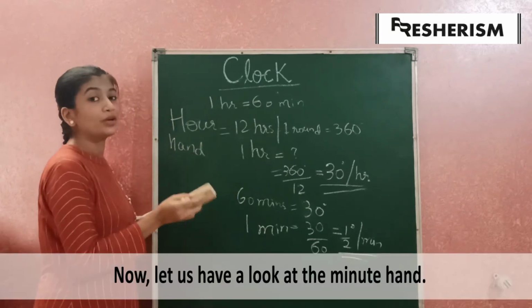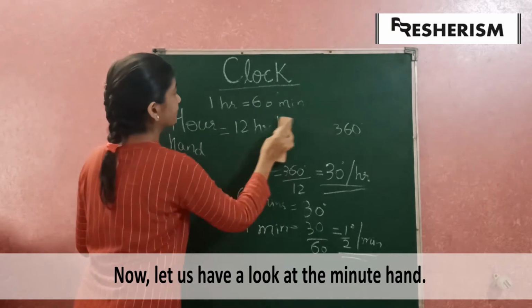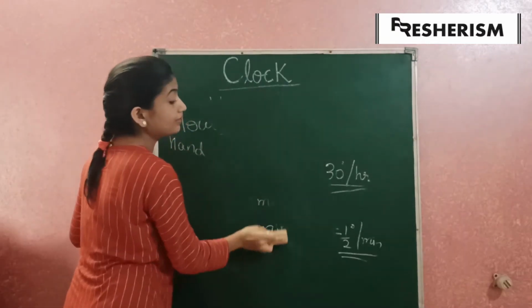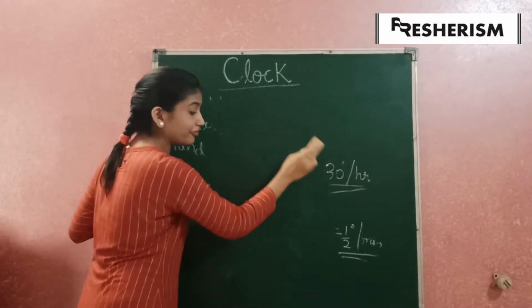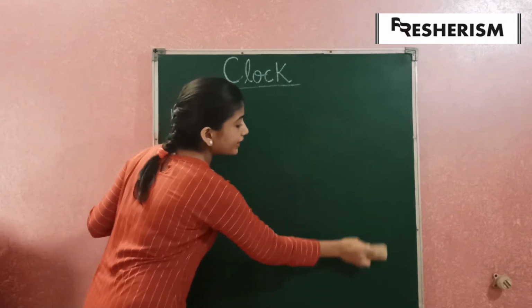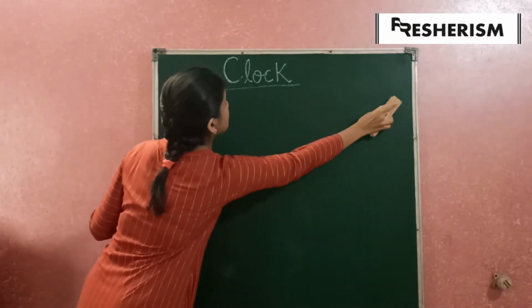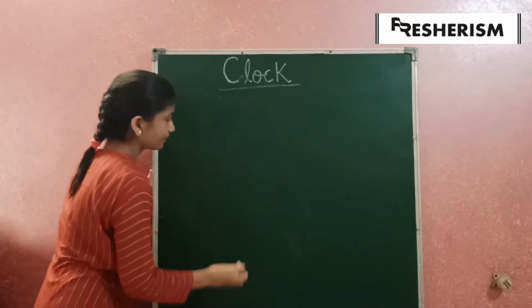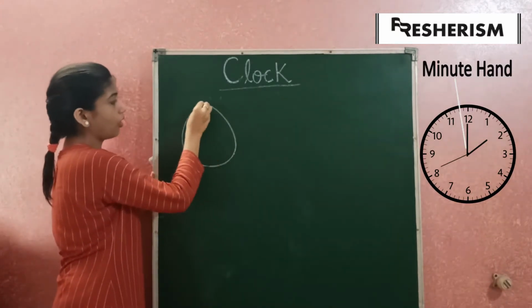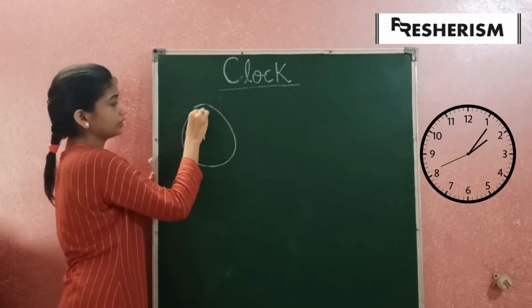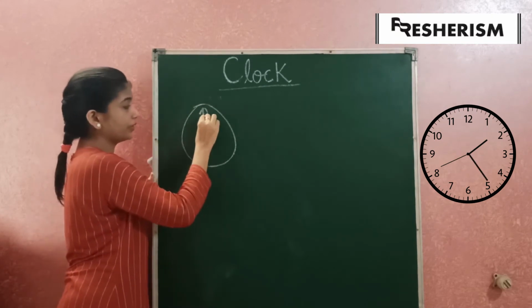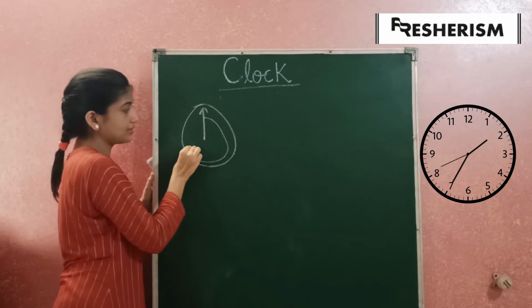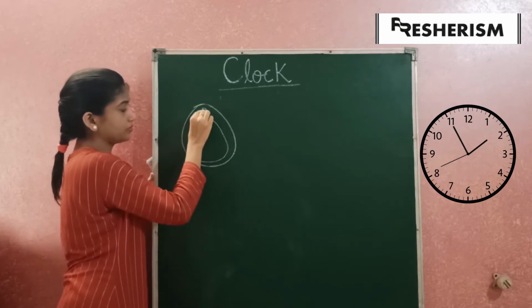Let's see the same thing for the minute hand. When the minute hand completes one round of the clock, it covers 1 hour, or 60 minutes. Suppose this is a clock. From here, this is the minute hand. It covers the entire circle and comes back here.